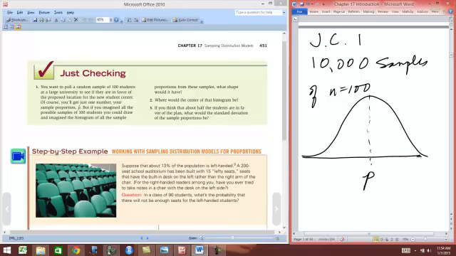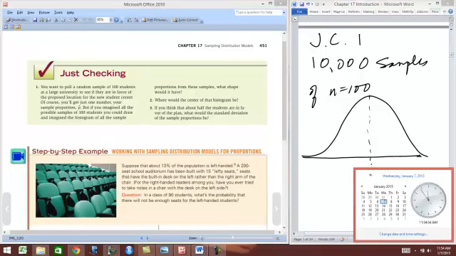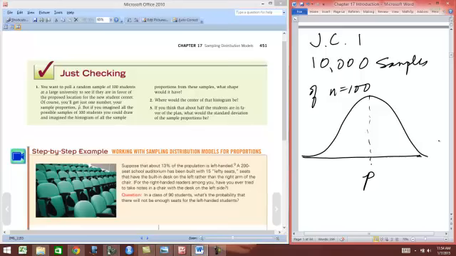P, whatever the true proportion of students in favor of the new student center is. That would be in the center, and this distribution would be approximately normal, so it would follow the 68, 95, 99.7 rule. So that's number one.